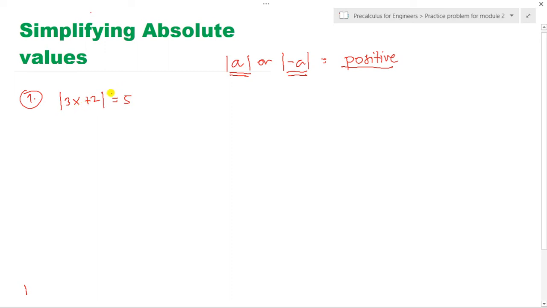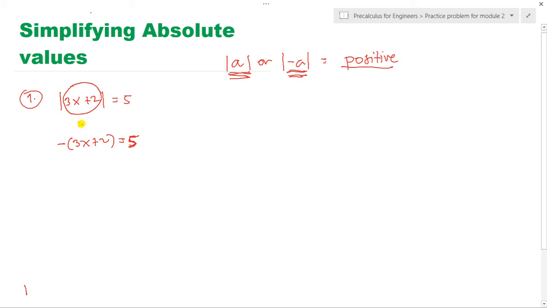Yung negative sa loob dito or ang positive sa loob dito. So let's try. Let's say I have here negative 3x plus 2 is equals to 5. Kasi diba dalawa, a tsaka negative a. Tapos yung answer nila is still positive. So we have here a positive 5 na nasagot nila.